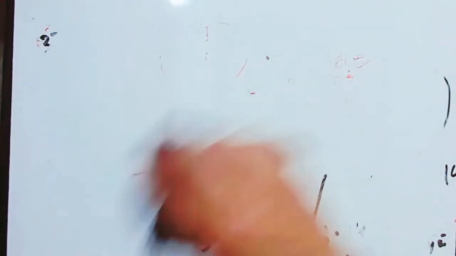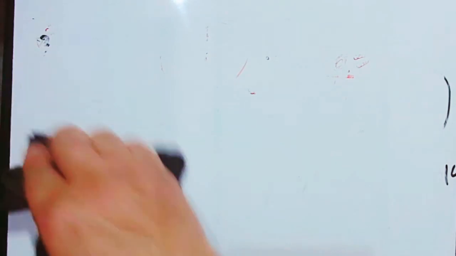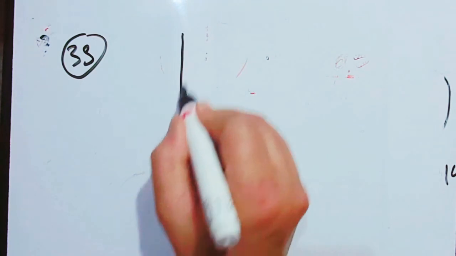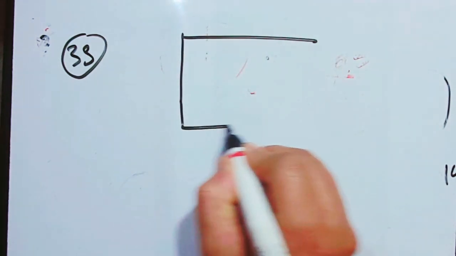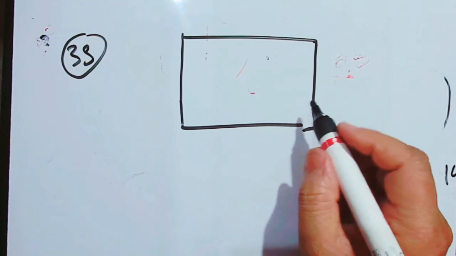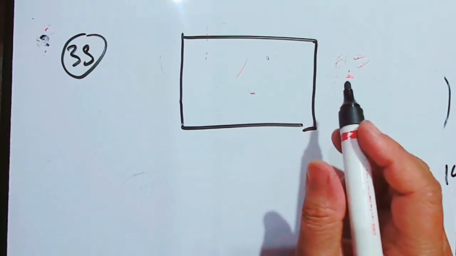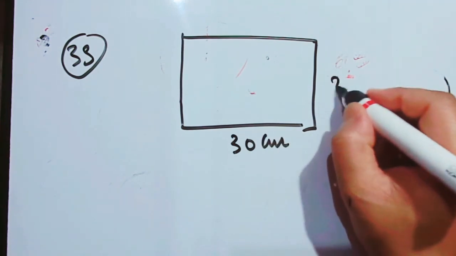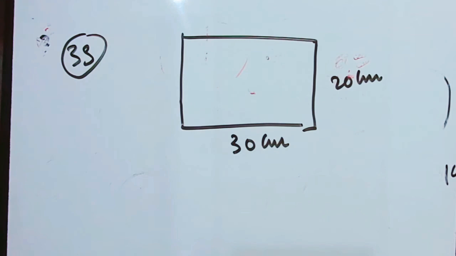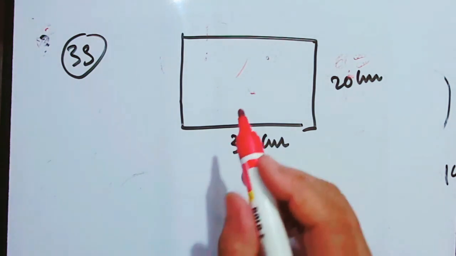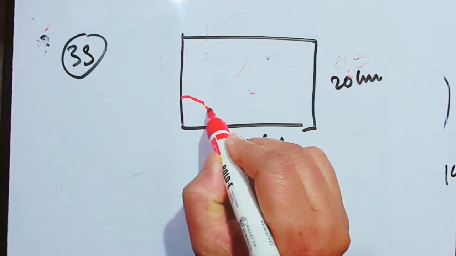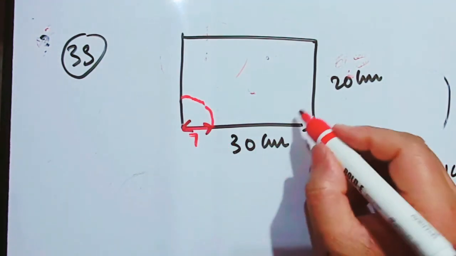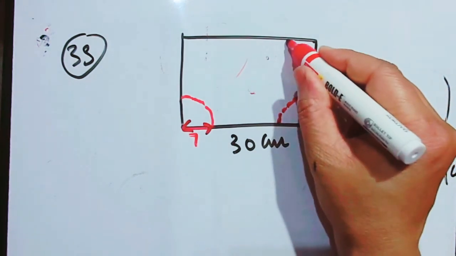Let us see what can be done. For 38, that is the last one, they say that from a rectangular piece of paper, whose length is given as 30 centimeter and breadth is given as 20 centimeter, such small quadrants of radius 7 centimeter have been cut.